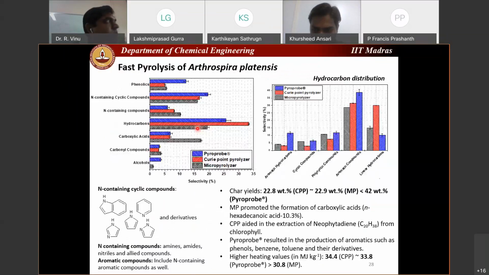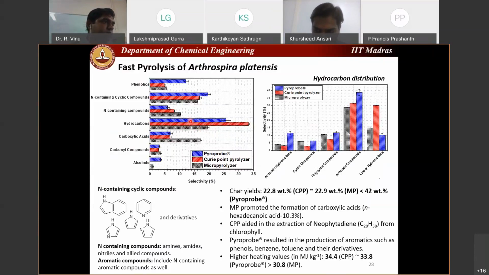It's a hypothesis. It may be because the sample is in very intimate contact with the pyrofoil in a Curie point pyrolyzer. Maybe it suffers a very high temperature for a significantly long duration, by which I mean probably a few more seconds, that is leading to the formation of these hydrocarbons. But otherwise, we do find that the majority of the product distributions are similar between the micropyrolyzer and the Curie point pyrolyzer.